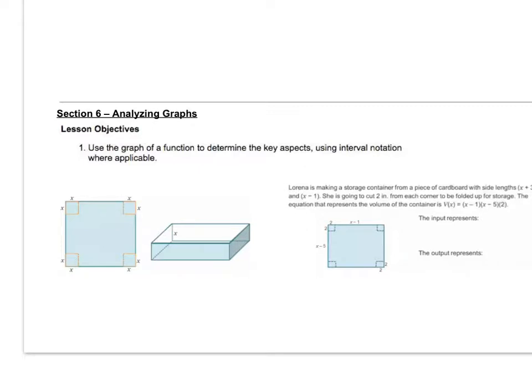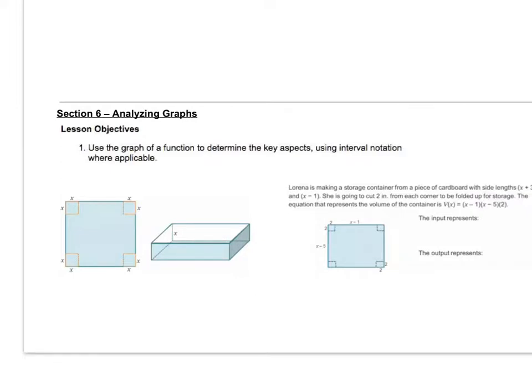Taking a look at this, this is a picture of a flat piece of paper, and if we were to cut out the corners of that paper and fold up the sides, we would get a rectangular prism.